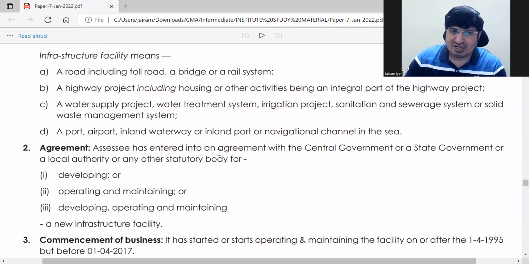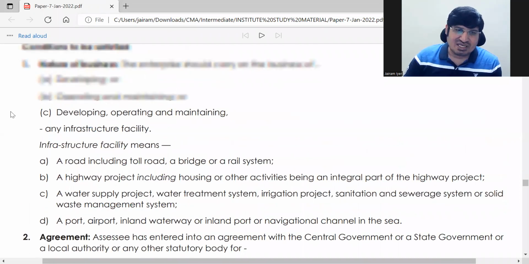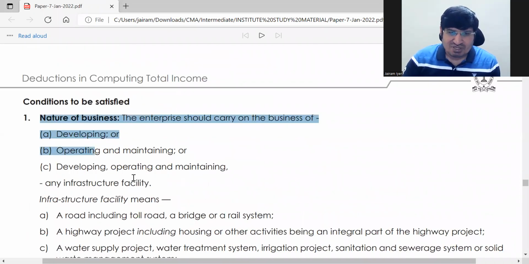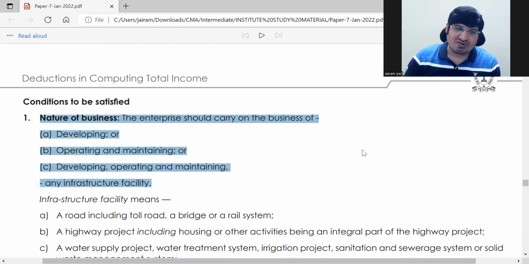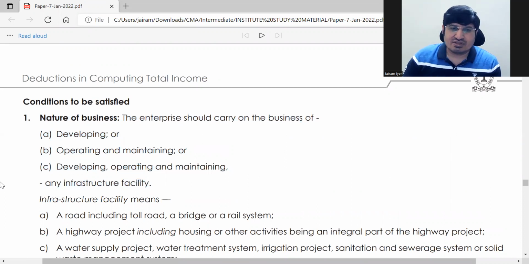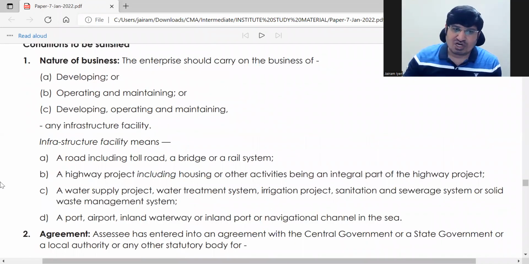It should have an agreement with CG or SG or local authority or any other statutory body, for the same thing. So इसलिए point 2 को cut करके what we can do, we can just say here itself that for this purpose it should have an agreement with CG, SG, local authority. ठीक है, तो ये हो गया. 2 points we have covered.